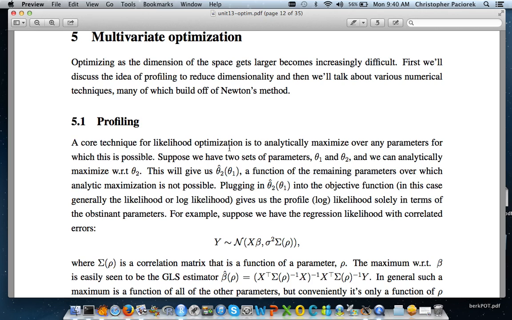So I'm going to write out that likelihood. Okay, so I'm raising the variance component to a power. I have the determinant of the matrix sigma. This is a function of rho here.